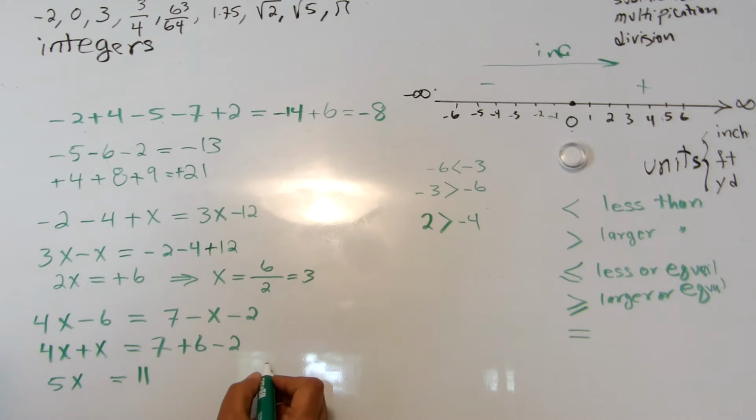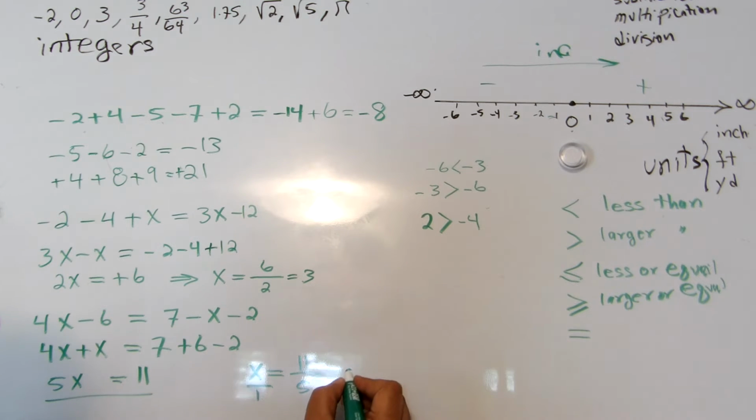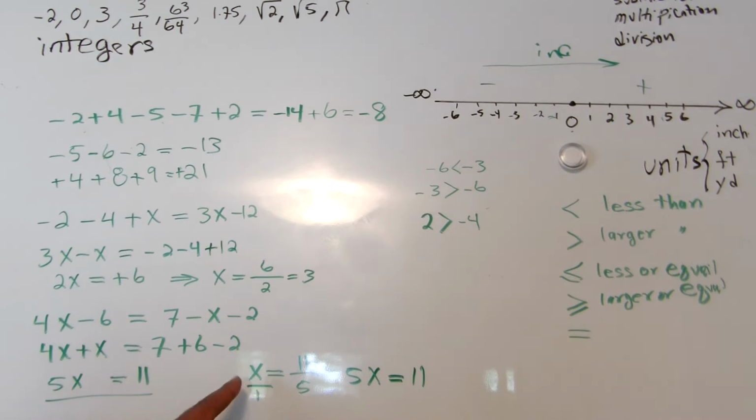So we can write this equality, x is equal to 11 over 5. If you want to come back to that original one, this is just multiplication. 5 is multiplied by x, which is 5x, equal to 1 times 11, which is 11.